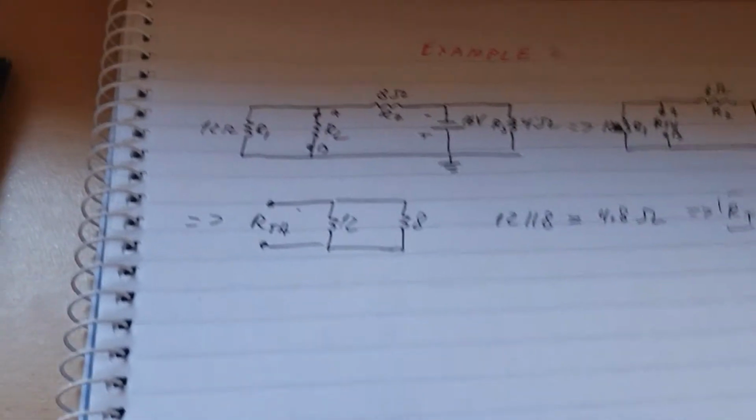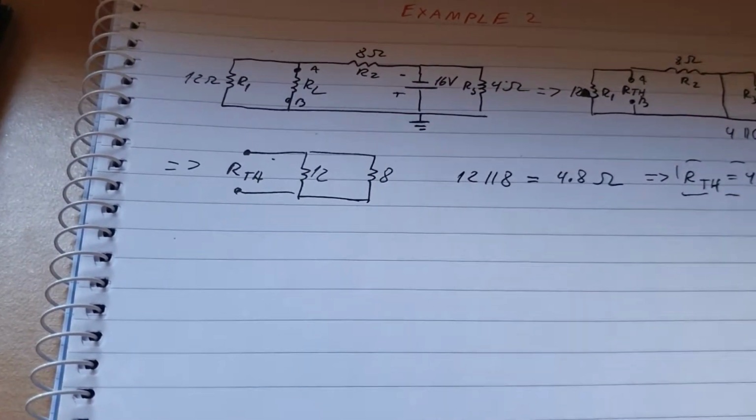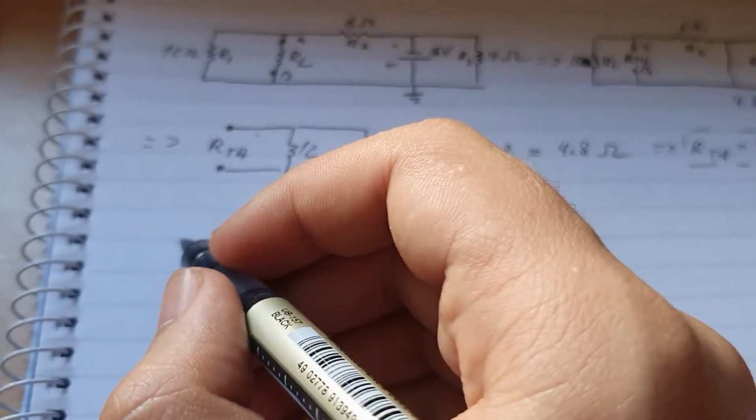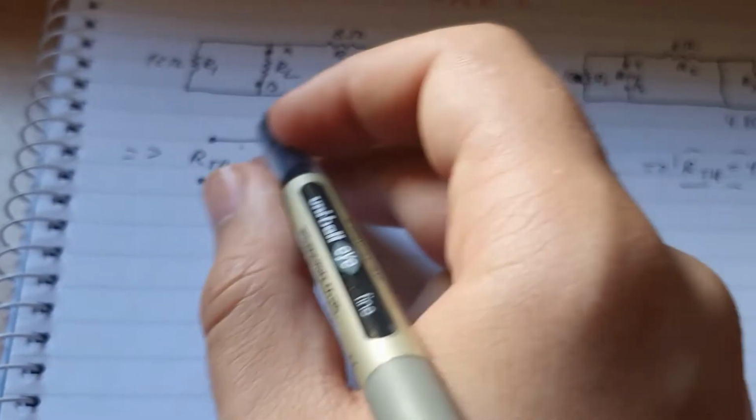Anyway, now we know RTH. Now we need to find the VTH, so we can again write it in this form.